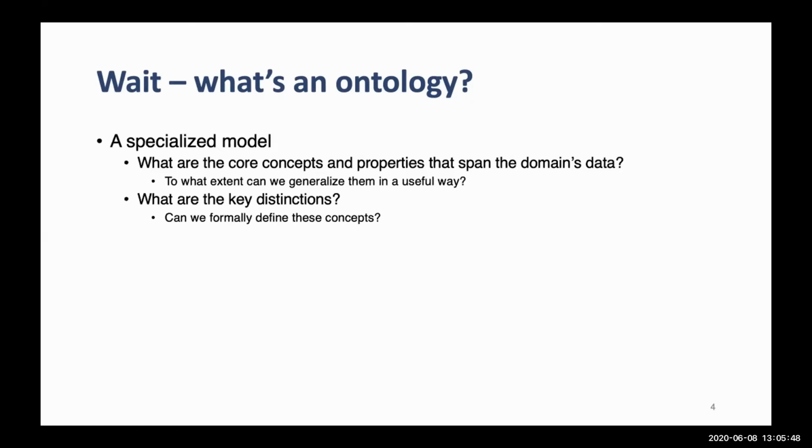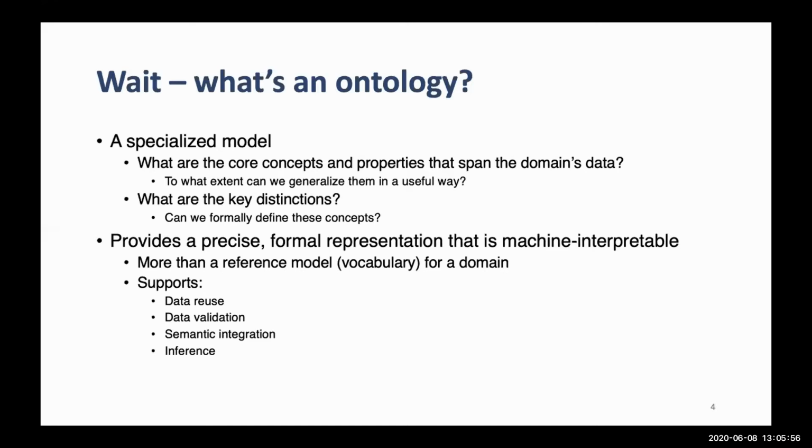It also looks at the key distinctions between these concepts and can we formally define these concepts and these distinctions. Ontologies do this in a precise formal representation that's machine interpretable. So they can be used as reference models for the domain, but they can also be applied for much more than that. They can be used to support the reuse of data, data validation, semantic integration, as well as inference.